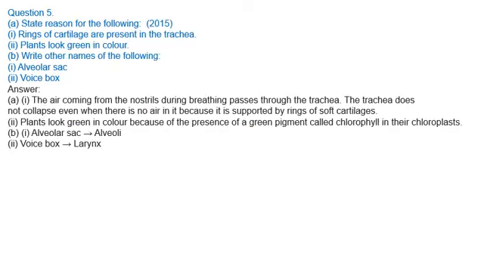Let's take the next set of questions. State reason for the following. Rings of cartilage are present in the trachea. The air coming from the nostril during breathing passes through the trachea. The trachea does not collapse even when there is no air in it because it is supported by the rings of soft cartilage.